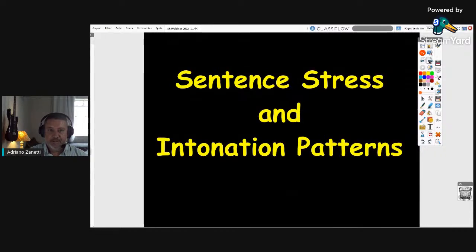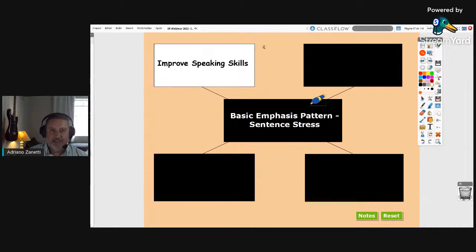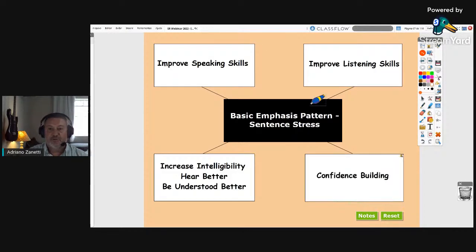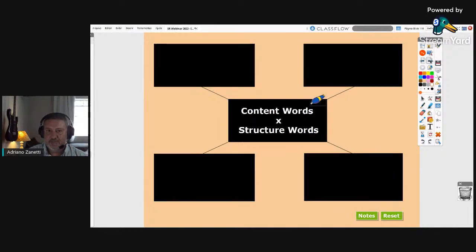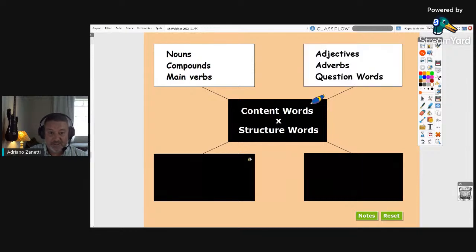And then sentence stress, where we basically have some patterns. Why is it important to know? For the same reasons it is important to learn how to deal with pronunciation, speaking skills, listening skills, intelligibility, and confidence building. How can you do that? Grammar will help us again.